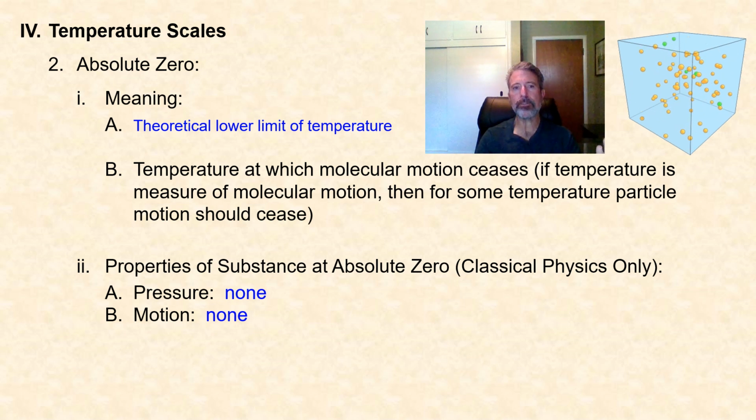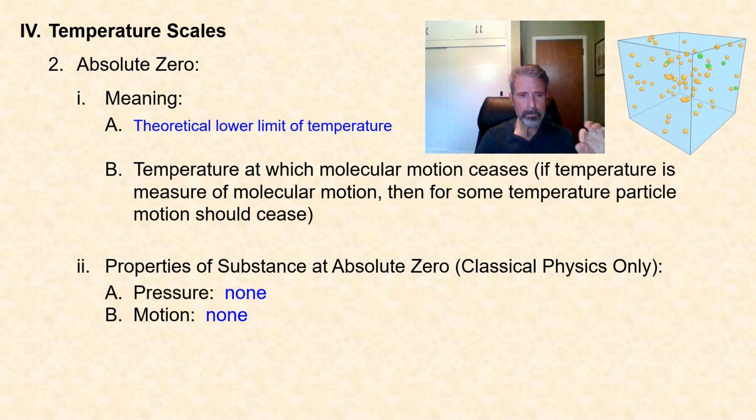And this would directly violate a very fundamental principle of quantum mechanics. We cannot know the exact position or the exact energy of a particle precisely. So we cannot say that a particle has no motion definitively from a quantum mechanical perspective, although classically we can do that.